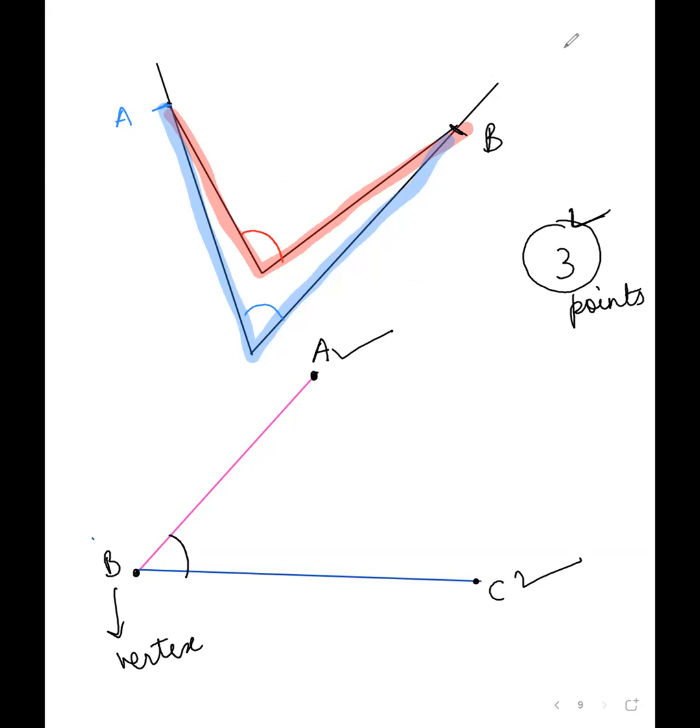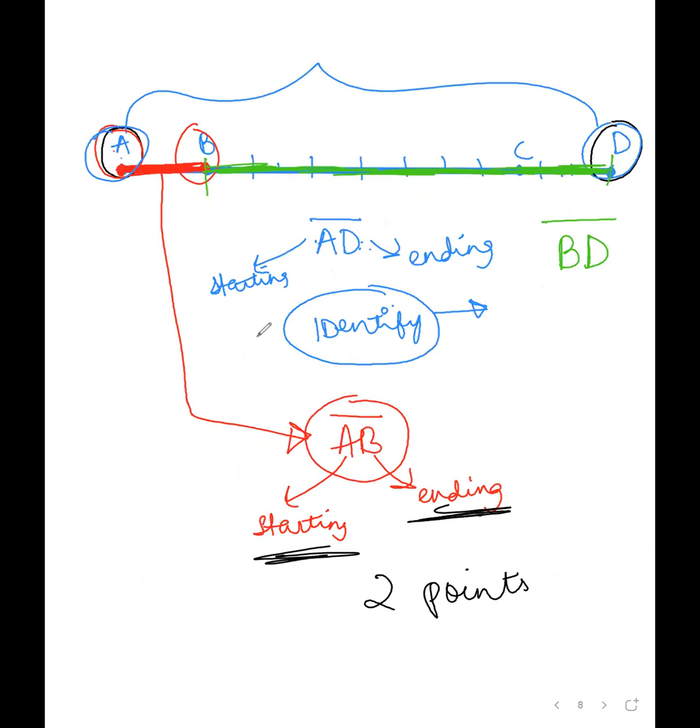Then if I say angle AB is a right angle, which angle am I referring to here? If I tell you that, Hiba, angle AB is a right angle, then you'll be like, ma'am, which one are you talking about? There are 2 over here. So again, that's why we name something, so that we can uniquely identify it.